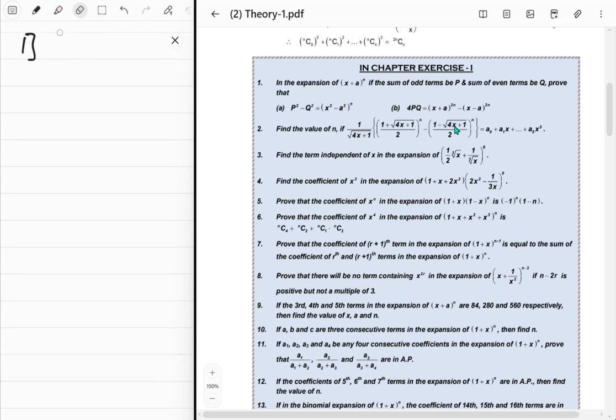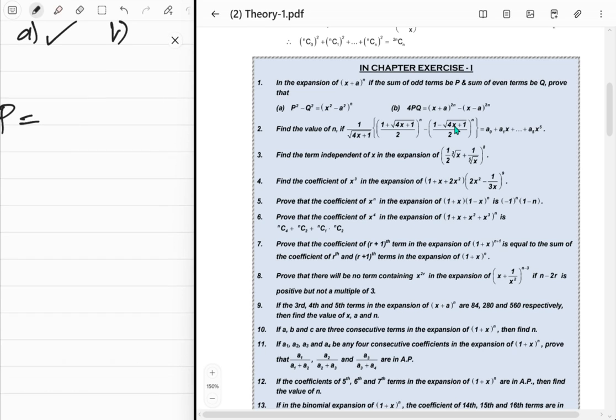Wait, actually it's two part, right? So A done, B. So 4PQ is equal to this. So once again, now I'm going to write the equations correctly. P is equal to x plus A. Sorry, it's the odd terms.